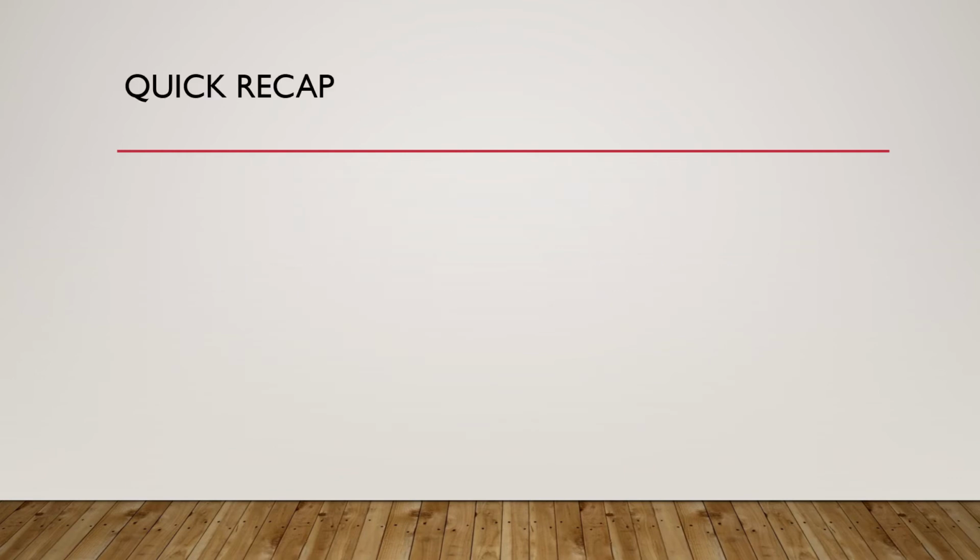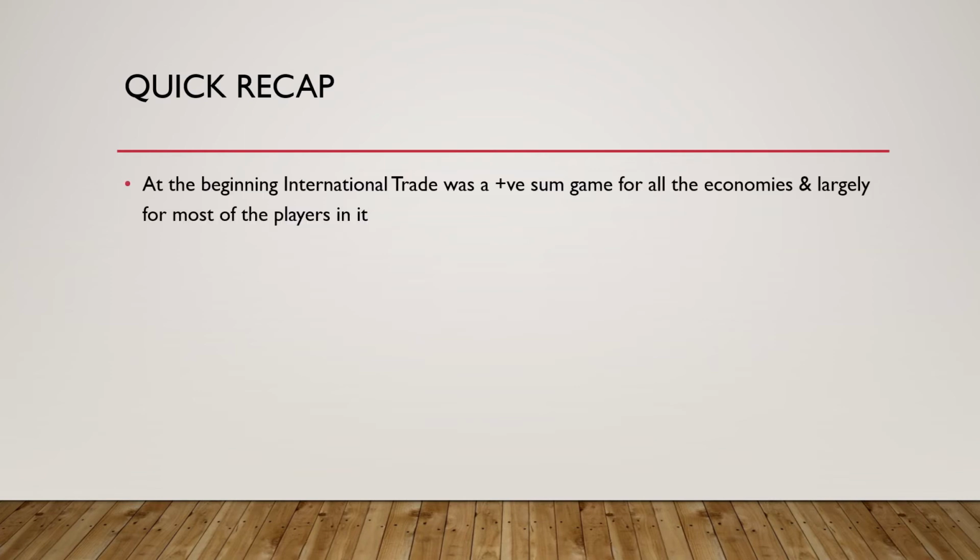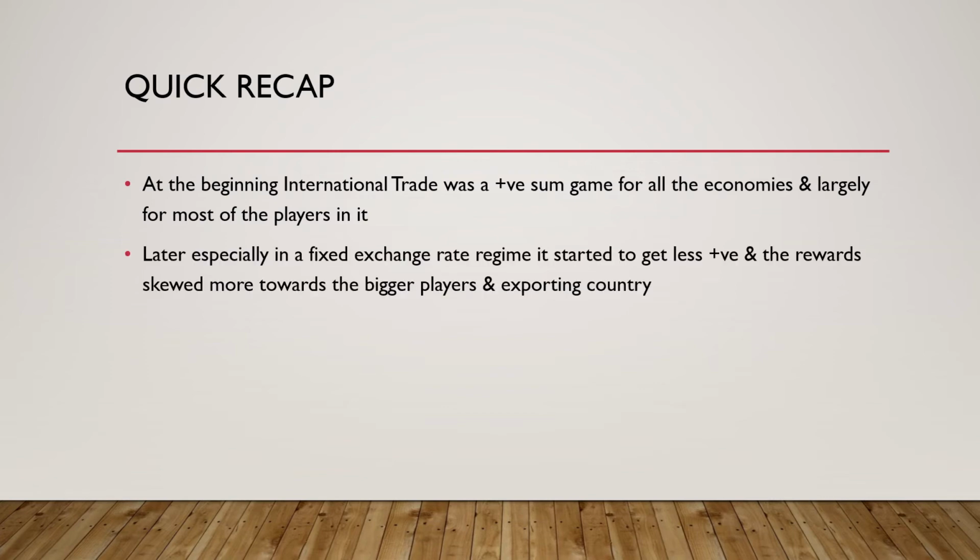So a quick recap of the first two parts. We saw that at the beginning of international trade, it was a positive sum game for all the economies and largely for most of the players in those economies. Later on, especially in a fixed exchange rate regime, international trade started to get less and less positive, as the rewards were more skewed towards the bigger players in the economy and also towards the exporting country.